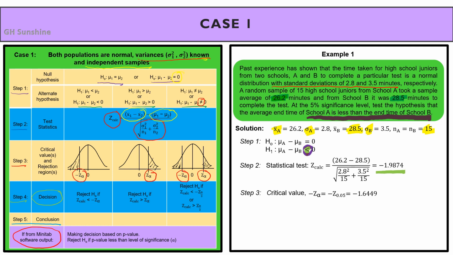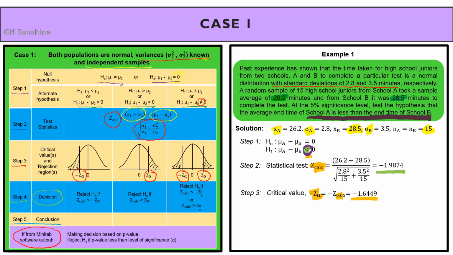Here we will use the Z distribution, consistent with the Z calculation, of course the Z table. From the table, when alpha equals 0.05, left tail test, less than, that's why it is a negative value, negative 1.6441.